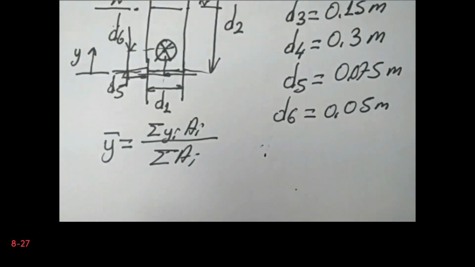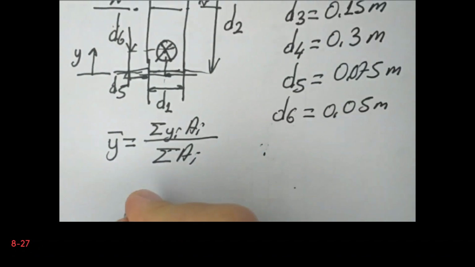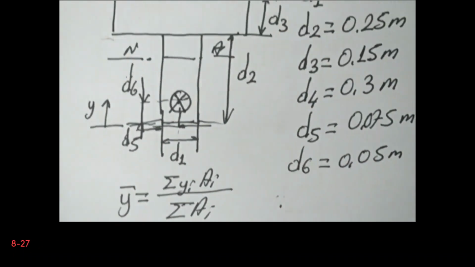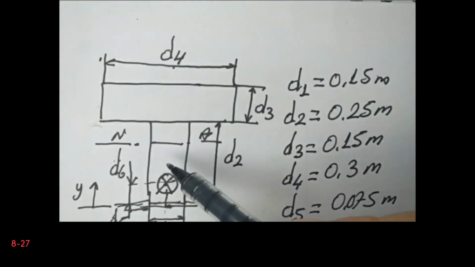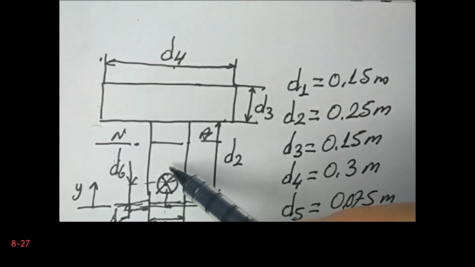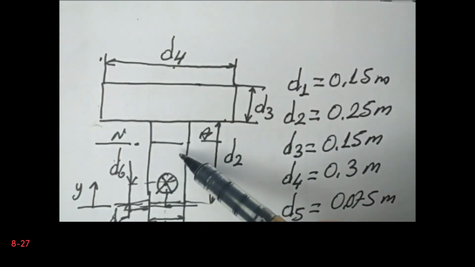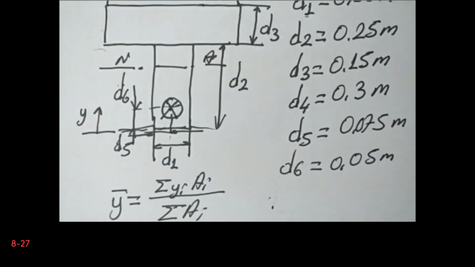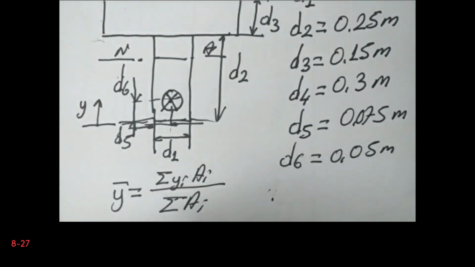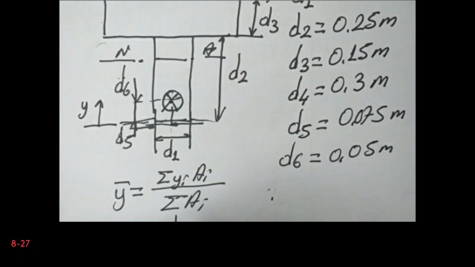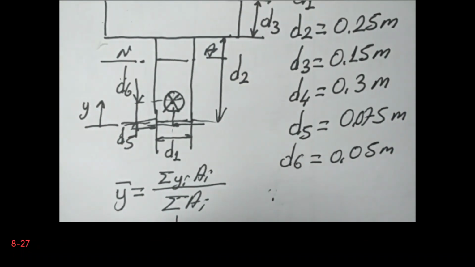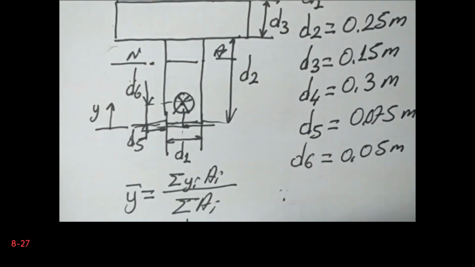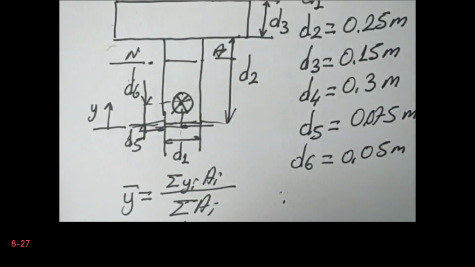In fact, we have two subsections, sub-areas. One is this vertical one, and the other one is the horizontal one. Let's begin from this one. The centroid is located at D2 divided by 2, and the area is D2 multiplied by D1.